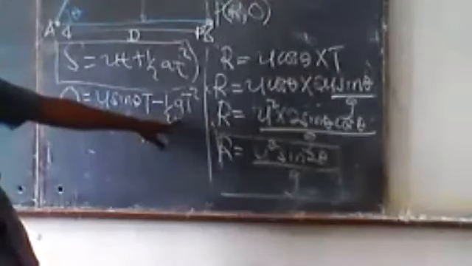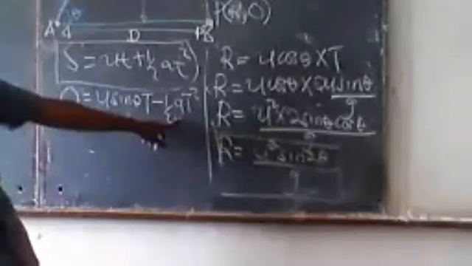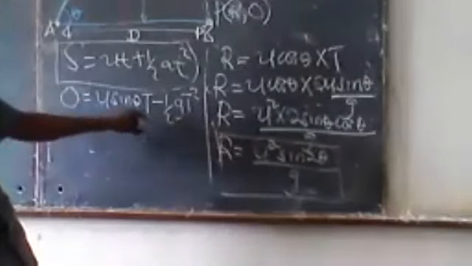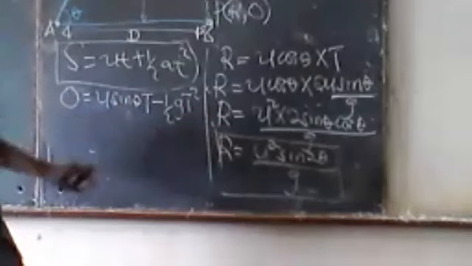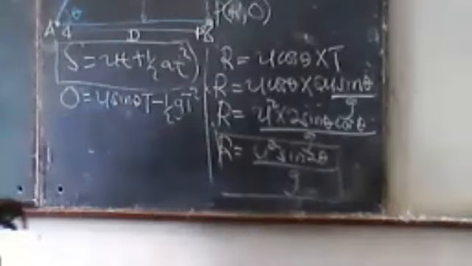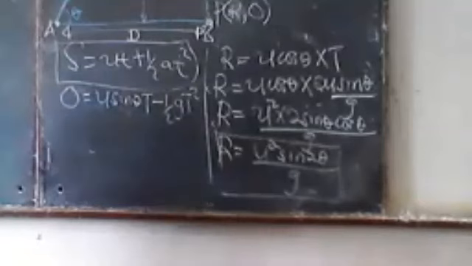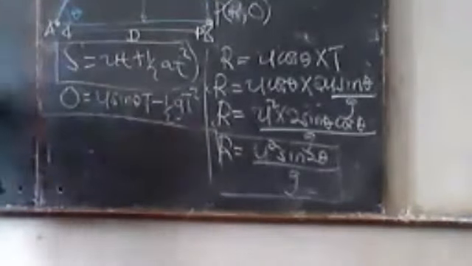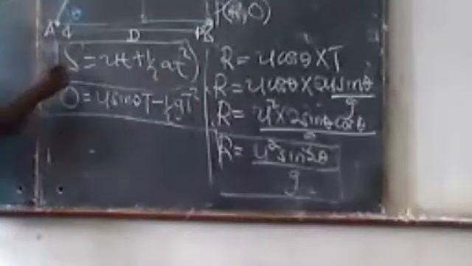Then when I was finding range, I used the same equation, but I considered the horizontal displacement. Horizontal S becomes capital R, U becomes U cos theta. Now T becomes capital T. Horizontally, there is no acceleration due to gravity. This is how I have used the same equation, but the first part gave me the time of flight.